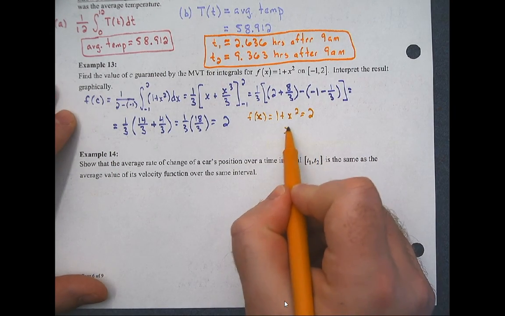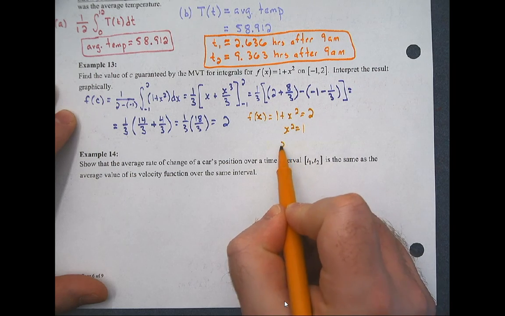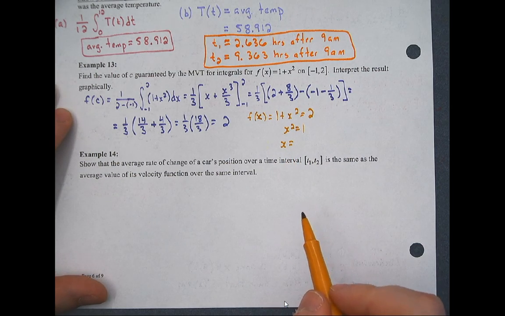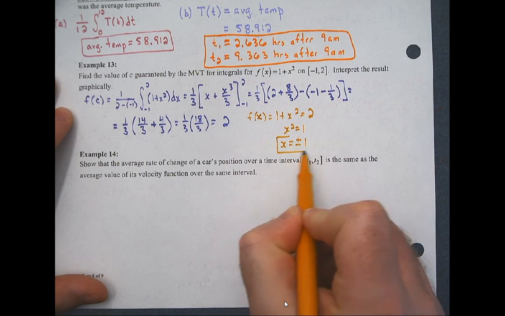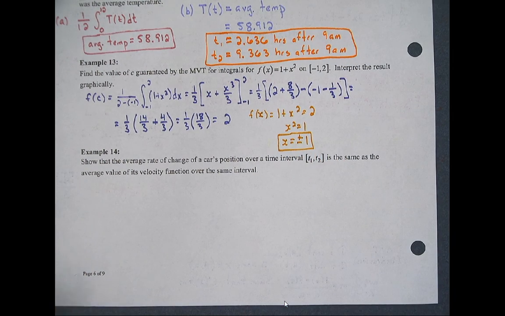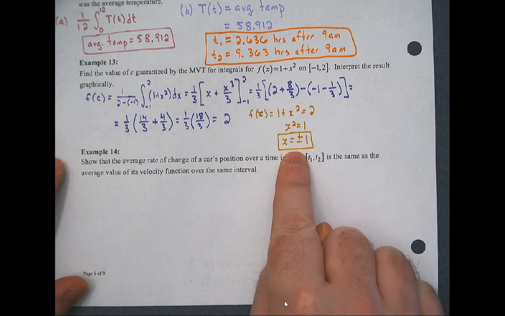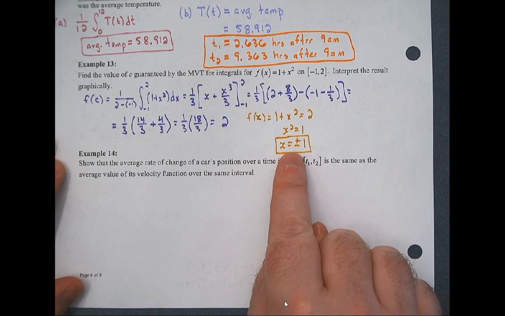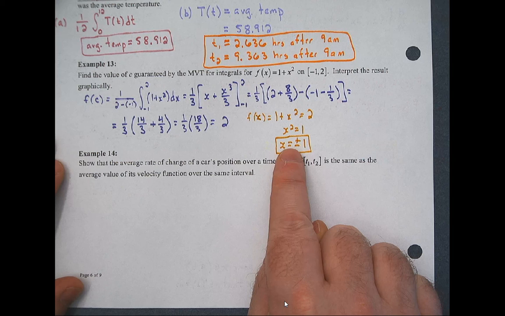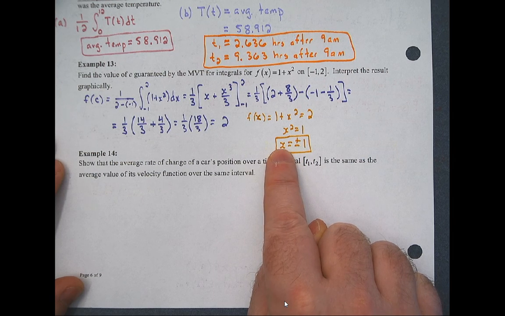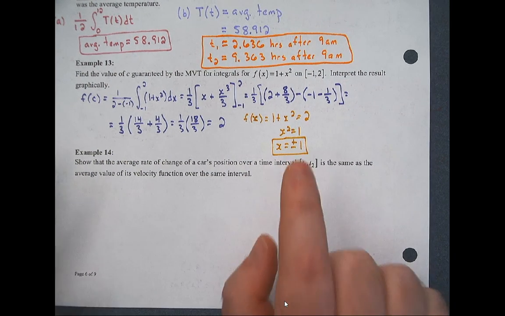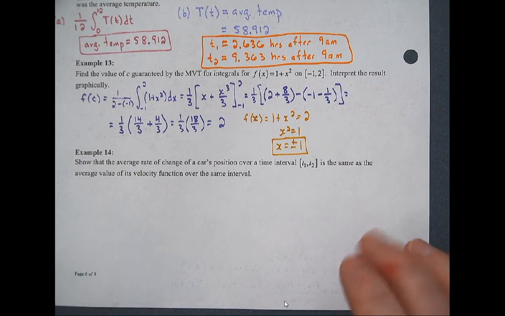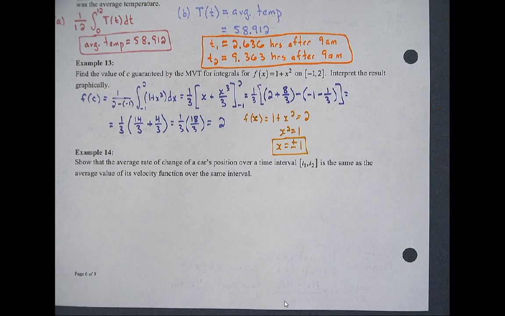Bump over the 1. Square root, square root. Square root is on fire. We don't need no water, but we do need a plus or a minus. So if you take the function value at -1 or the function value at 1, their heights are the average heights of all the points between -1 and 2.